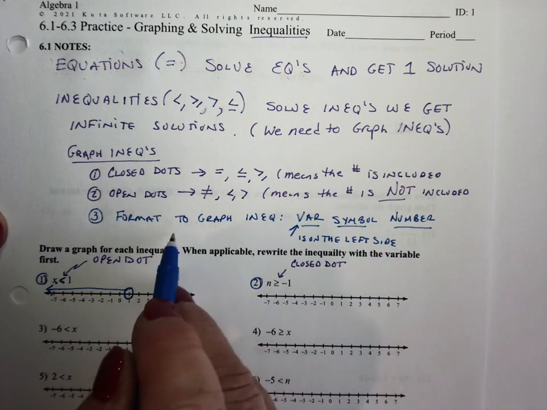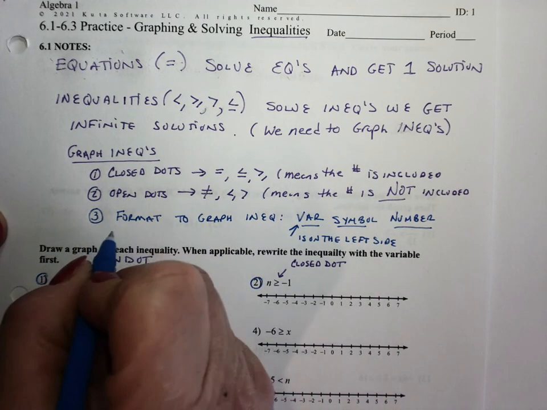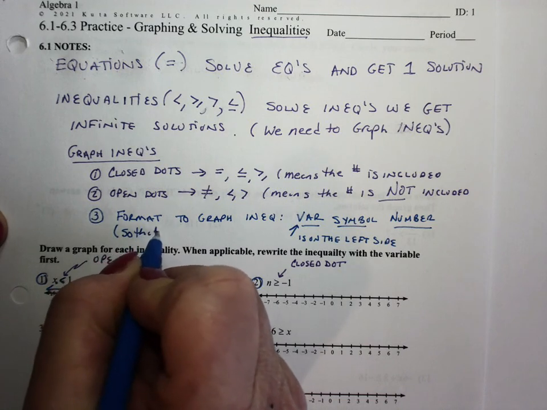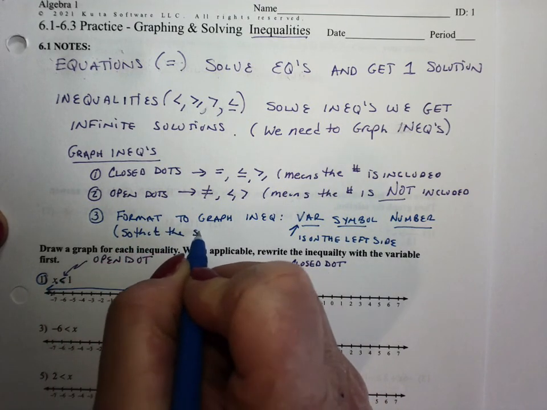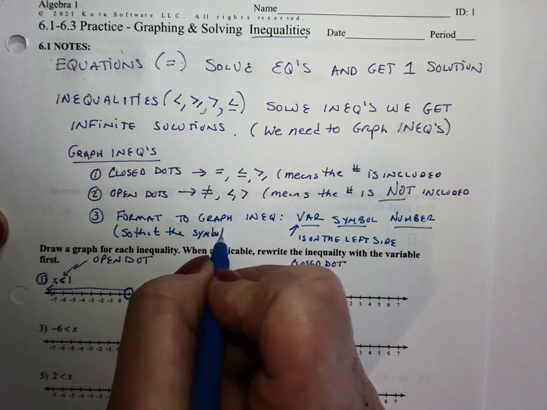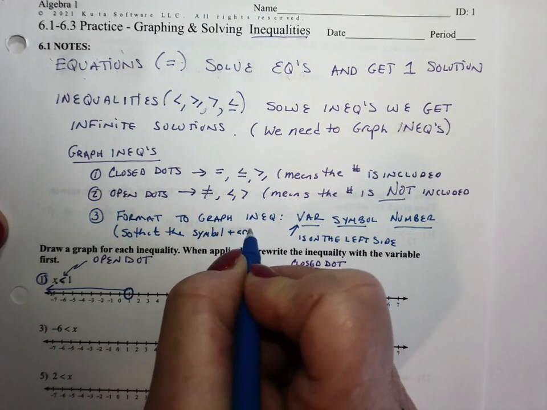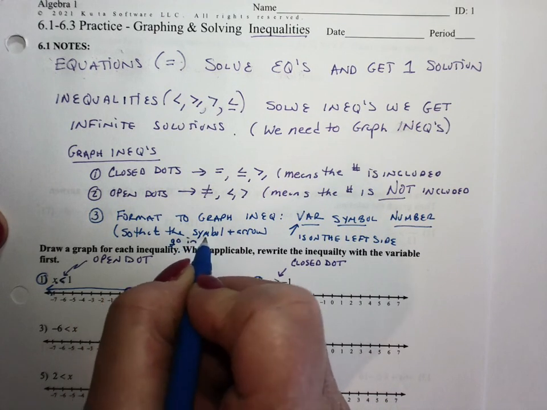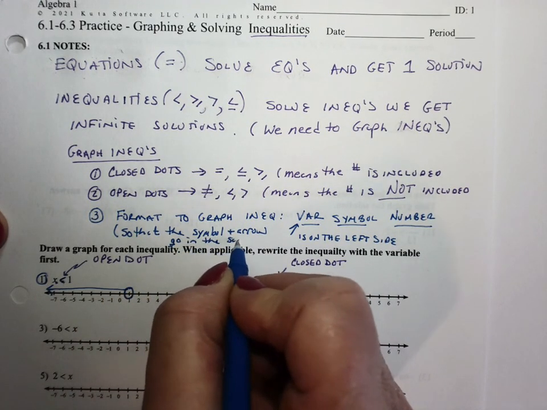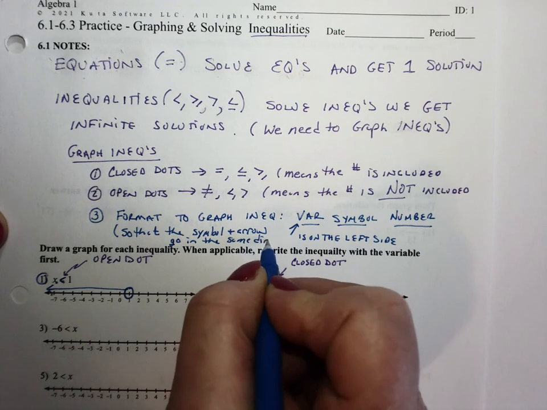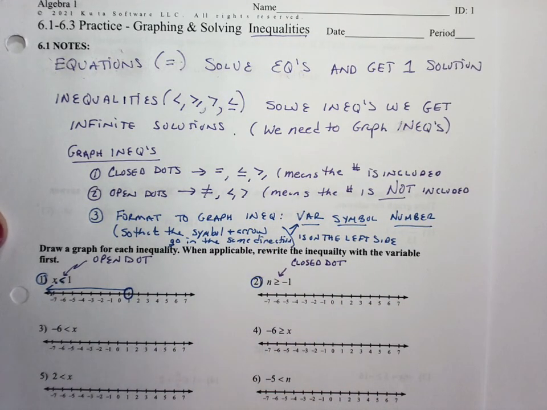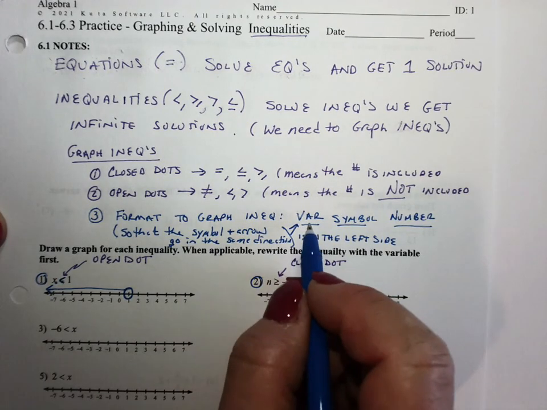Okay? So the format to graph the inequality is so that the symbol and arrow go in the same direction. Okay, that's why we want the variable on the left-hand side.